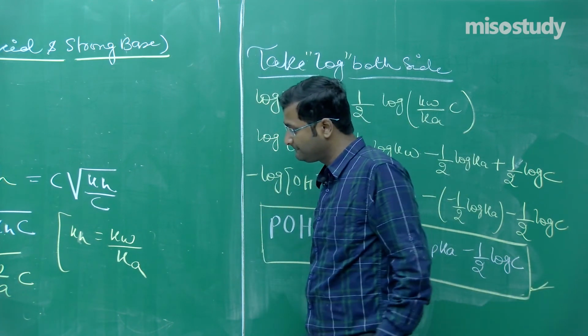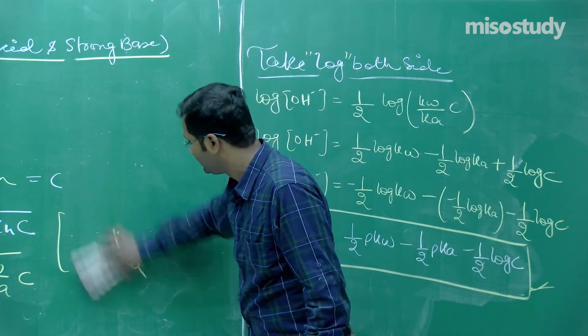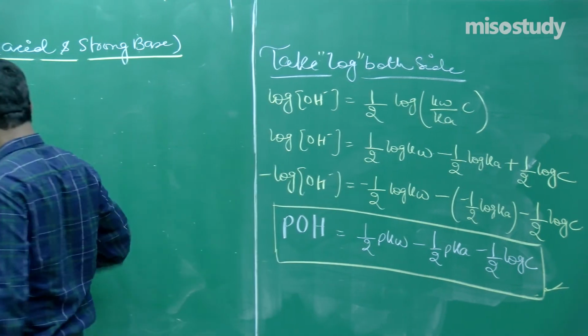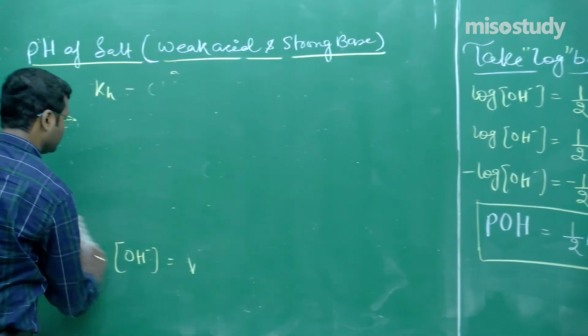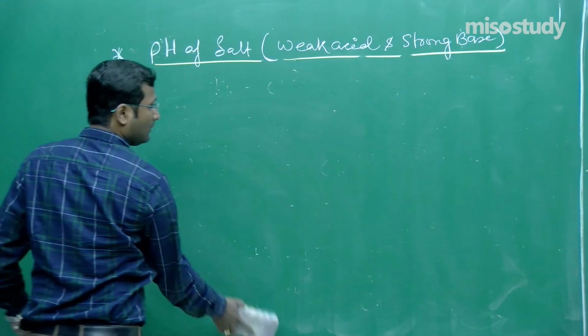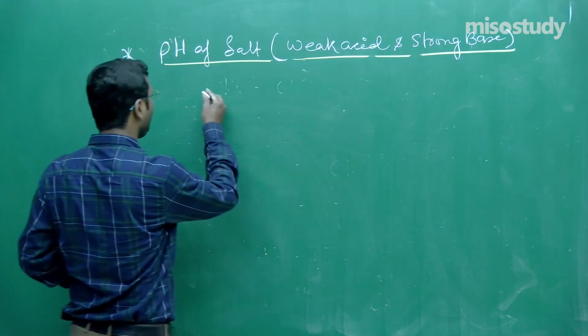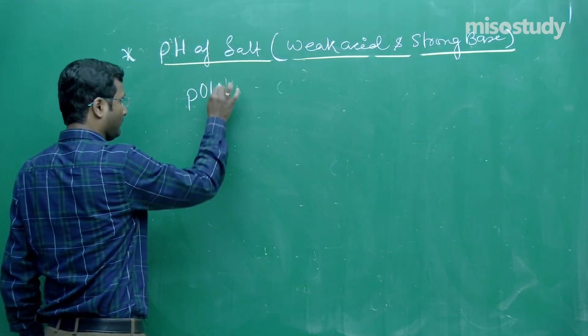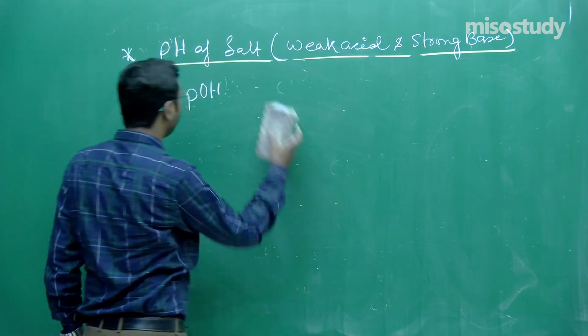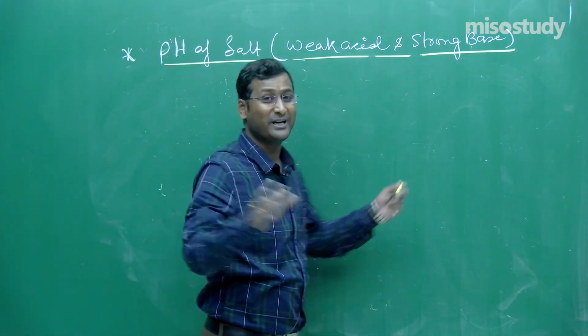Now I am moving here and going to solve the next part of the question. Okay, now we can write like this. It's a big derivation, so I'm taking it slowly, friends.